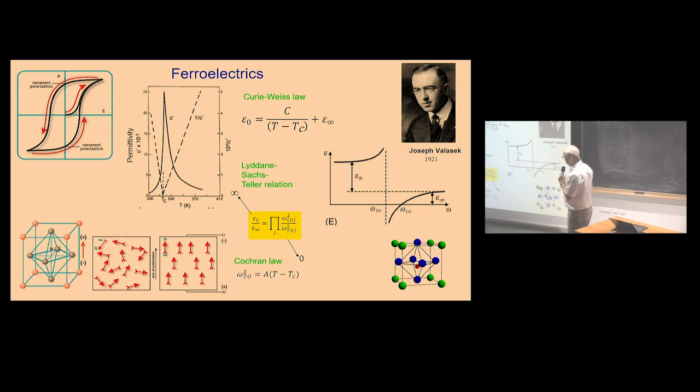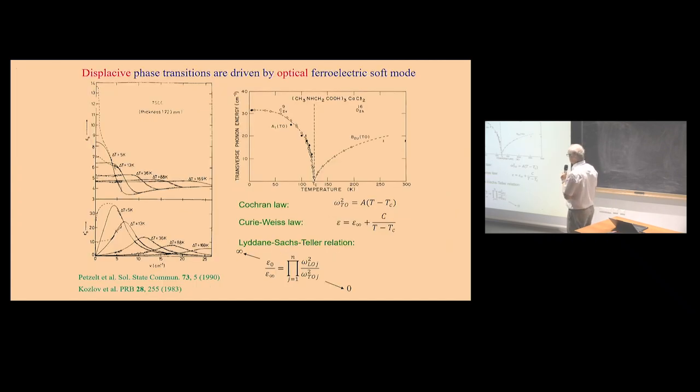Important is that from both formulas you can finally obtain that the phonon frequency squared is linearly temperature dependent. So phonon softening is responsible for the dielectric anomaly in the case of displacive ferroelectrics.